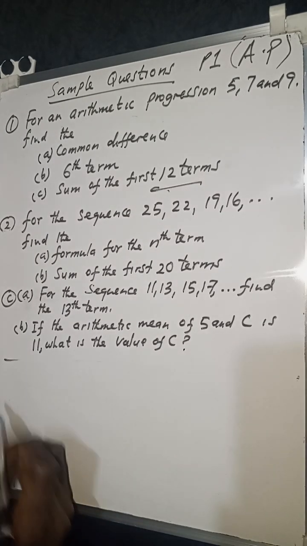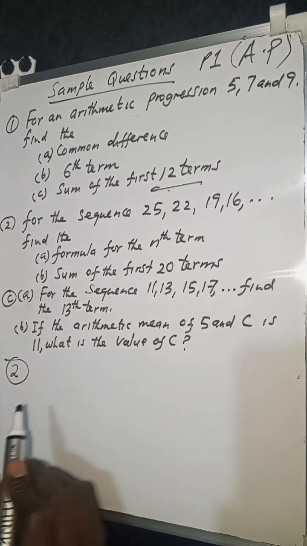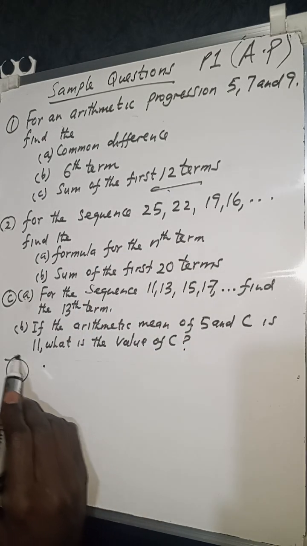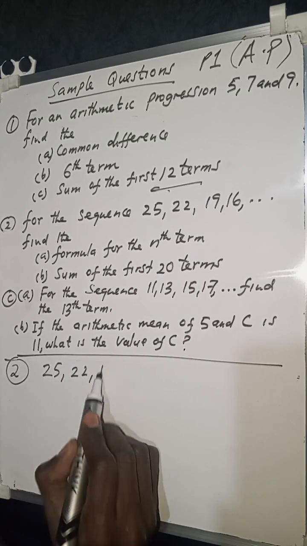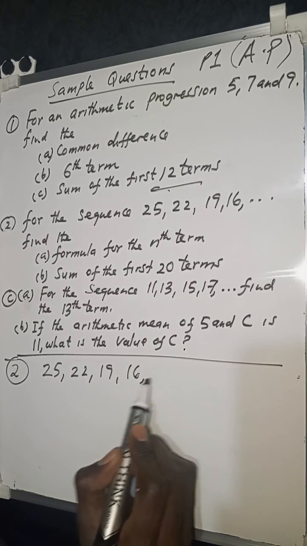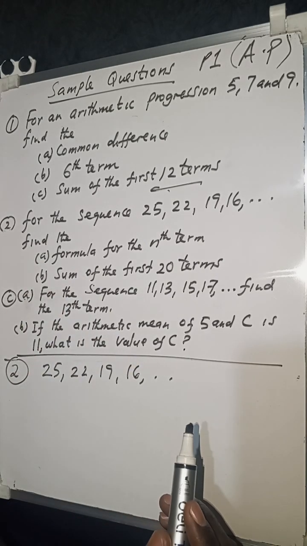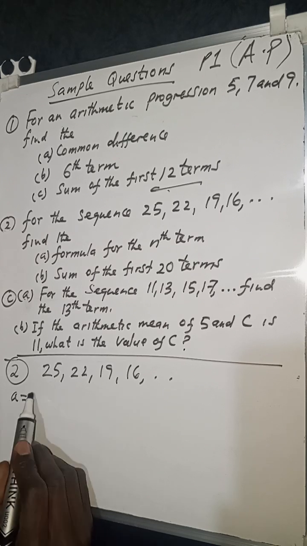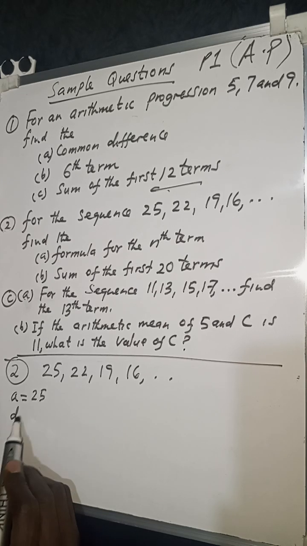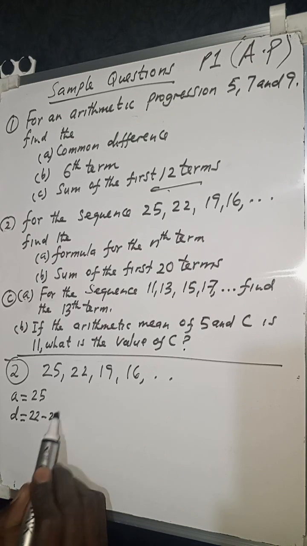Question number 2 is simply saying, find for the sequence. They have given us the sequence again: 25, 22, 19, 16. It says find the formula for the nth term. But before we can find the formula for the nth term, we need to identify the first term, which is 25, and we need to know our common difference by simply saying 22 minus 25.